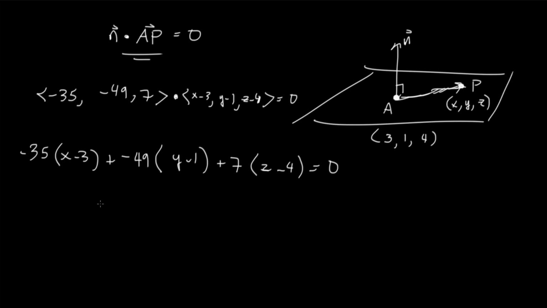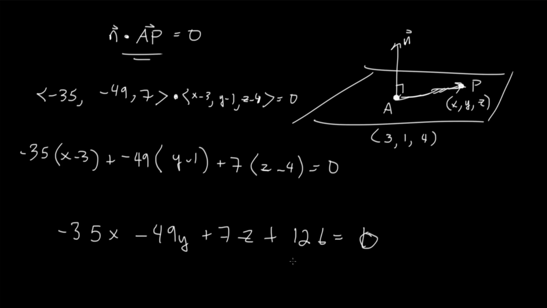What I ultimately get is -35x minus 49y plus 7z plus -35 times -3 plus -49 times -1 plus 7 times -4 ends up being 126. There is your equation of the plane. Using the cross product to get the normal vector, and then using the dot product to get the equation of the plane.